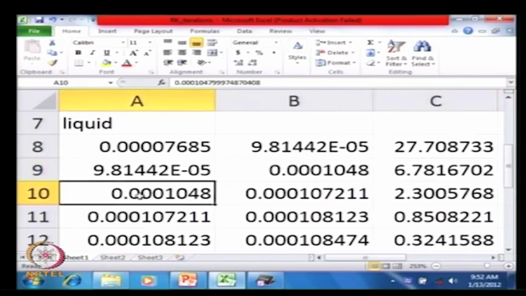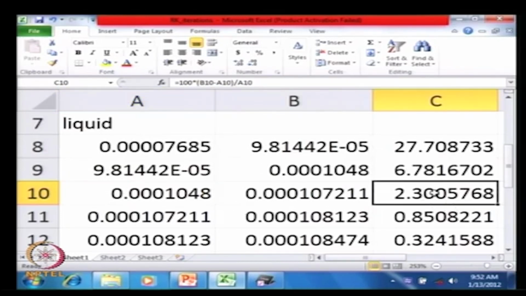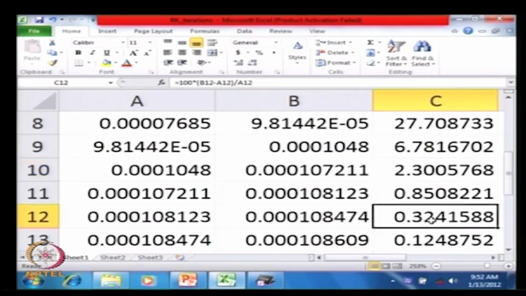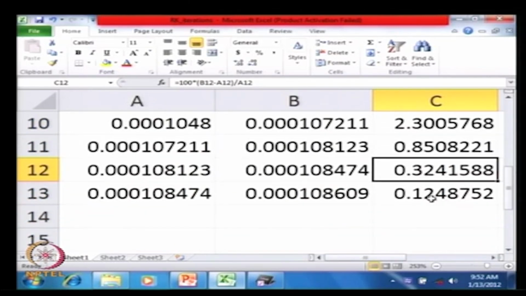Therefore, we do another iteration, take the calculated value, put it into the next guessed value, and here the percentage difference comes down to 2.3. The next time you do it, the percentage is somewhat acceptable, 0.85, and then if we want to improve our accuracy, one more iteration comes down to 0.324, and we could have even stopped here.